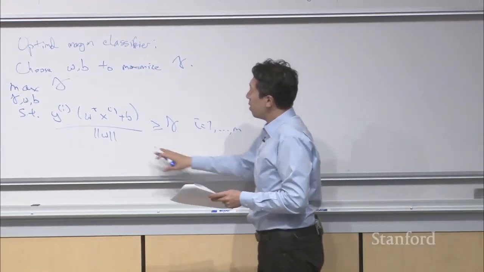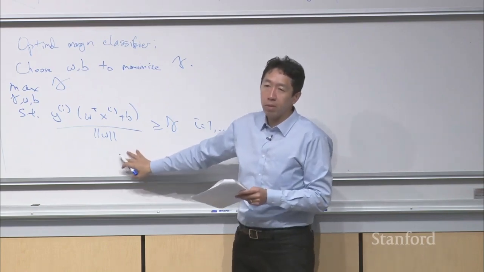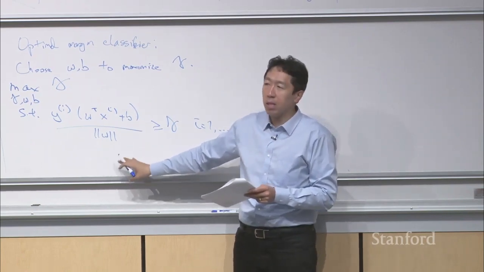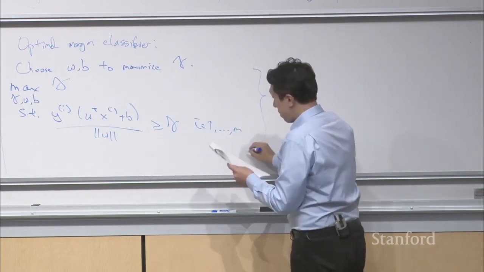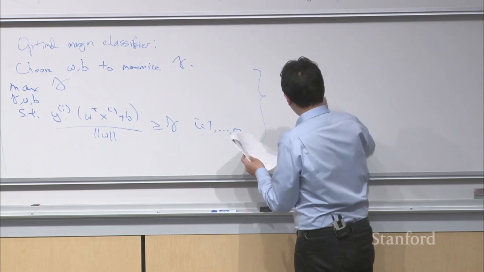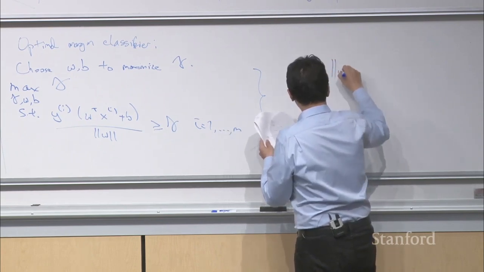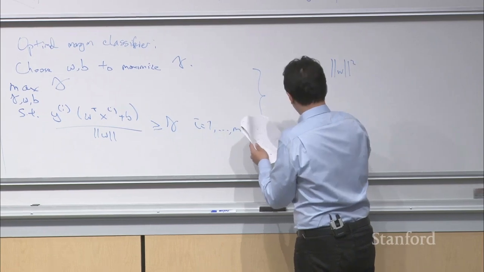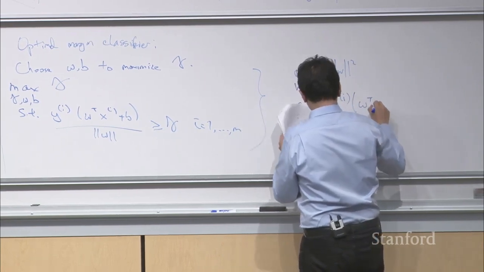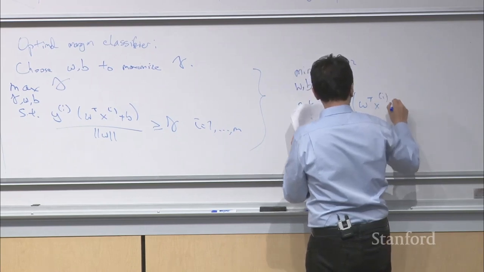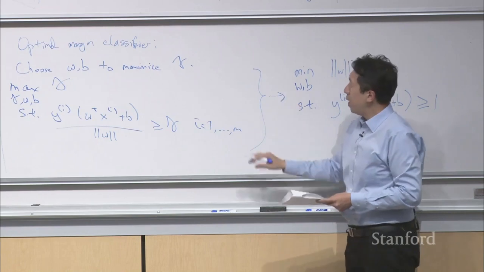In this form, this isn't a convex optimization problem, so it's difficult to solve with an algorithm like gradient descent, where there are no local optima and so on. But via a few steps of rewriting, you can reformulate this into an equivalent problem, which is to minimize the norm of W subject to the geometric margin constraint.